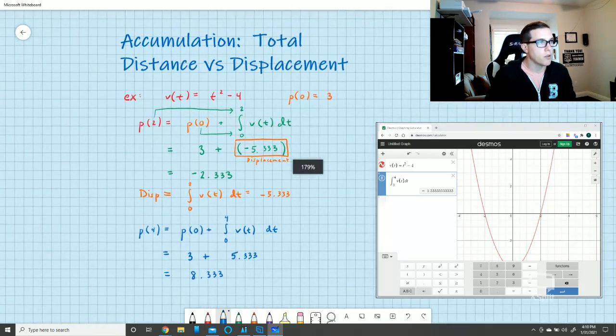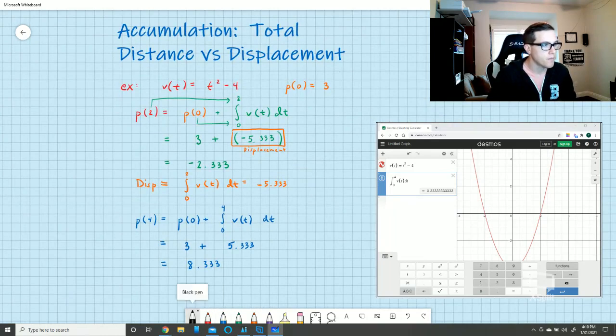And the displacement during this time period was just what happened from 0 to 4, v of t dt, which was this value right here.